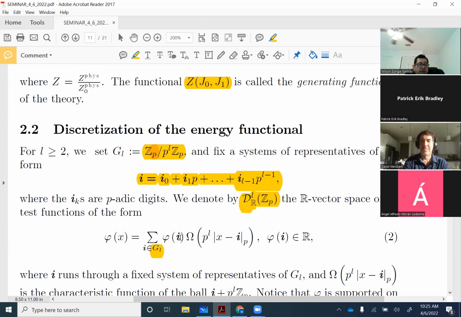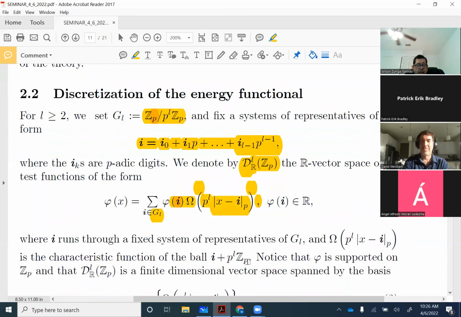This is the value of the function at the point I, and this is the characteristic function of the ball with center at I and radius p to the minus L. So this capital omega is the characteristic function of this ball, and this function is supported in the unit ball.